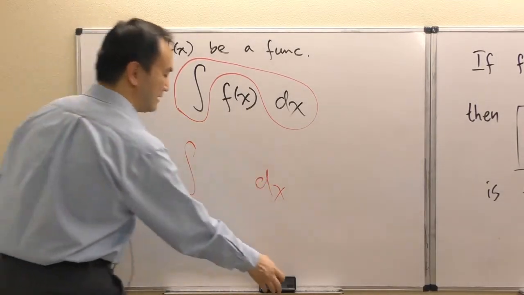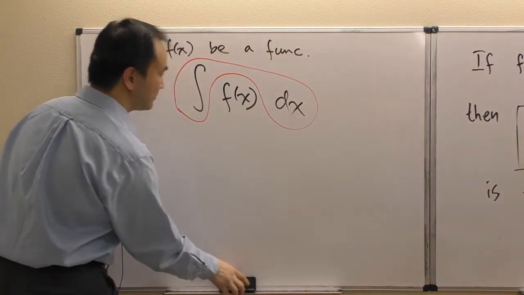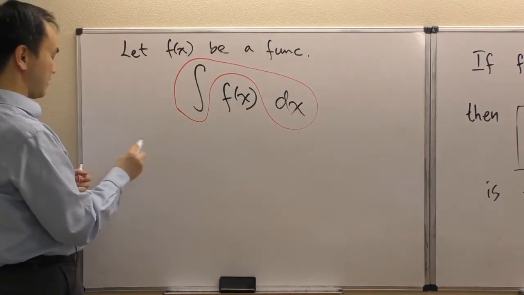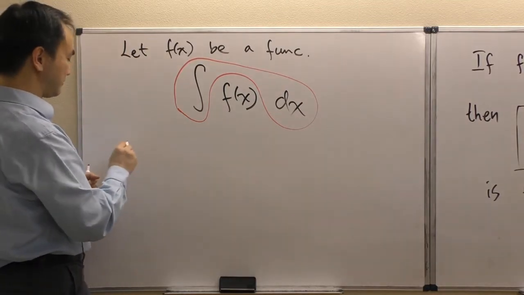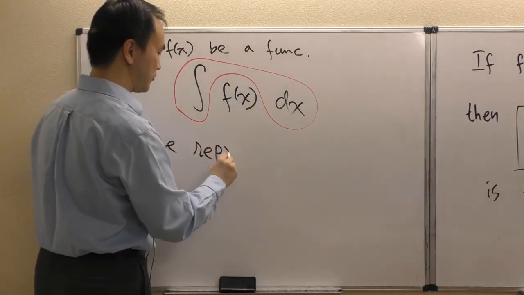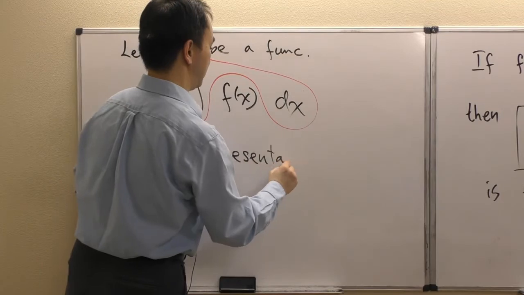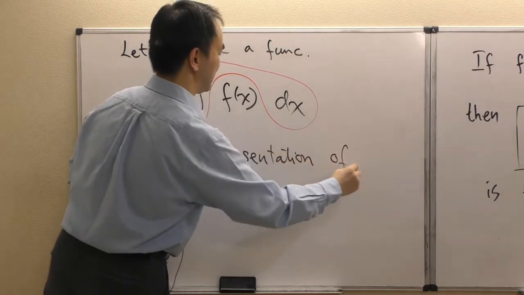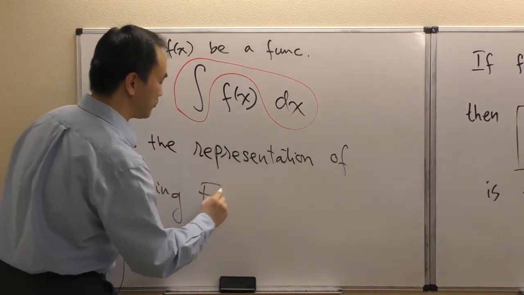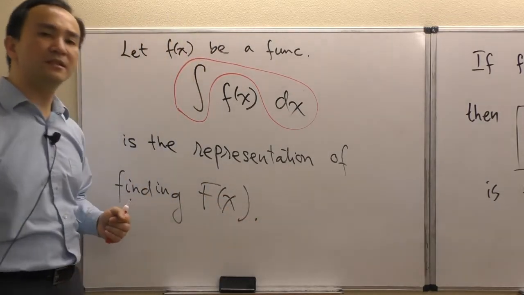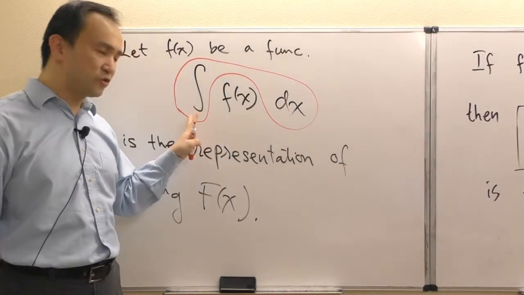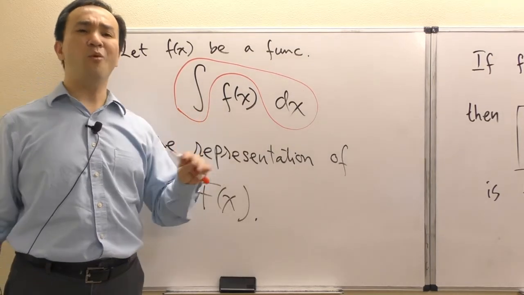But what's the purpose of that symbol? This symbol is an instruction that represents, for now, finding capital F of x, the antiderivative of f of x. It saves a lot of wording, which is the advantage of introducing the symbol, even though I don't want to mention any formal name.